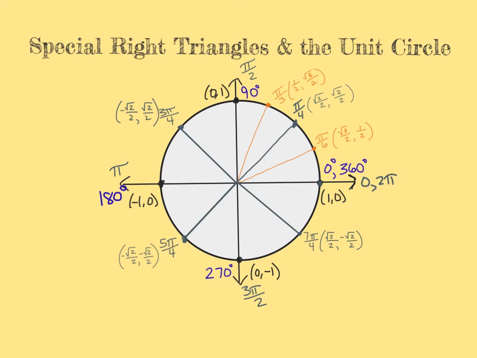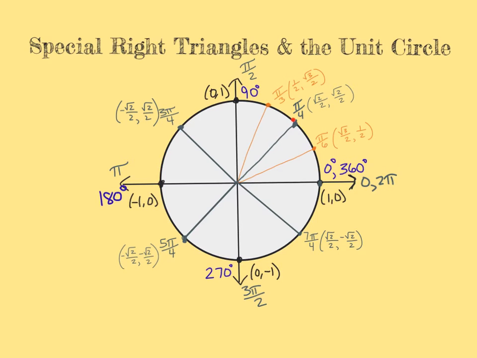So if we look at these next pi over 4 members of the family, again, we saw that if we travel 4 pi over 4s, 4 quarters, we're at 1 whole pi. And then if we travel another quarter of a pi, we get 5 pi over 4. Then 6 pi over 4, which simplifies, then 7 pi over 4, and the last one is 8 pi over 4, or 2 pi, all the way around.